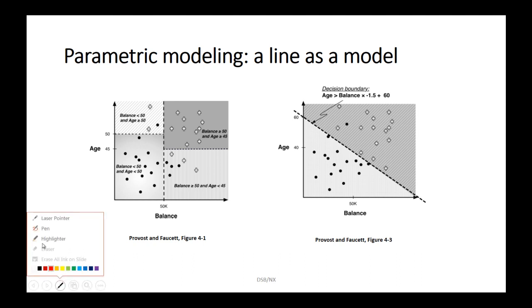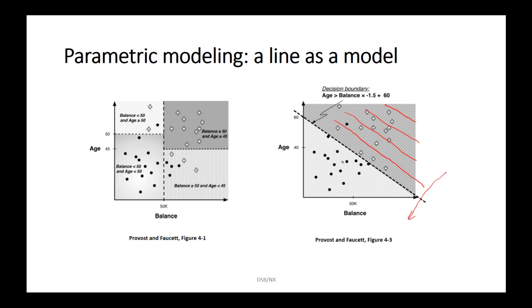The line also lends itself better to class probability estimation, because it seems reasonable that I can draw a sequence of lines that are parallel to the boundary, like this, and they should correspond to an increasing probability of being bad from top right to bottom left.